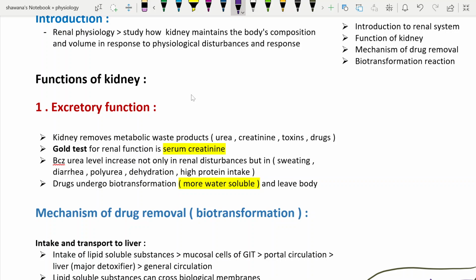As you all know, the kidney excretes metabolic waste products like urea, creatinine, toxins, drugs, and other harmful molecules which are dangerous to the body. They are eliminated by the renal system.